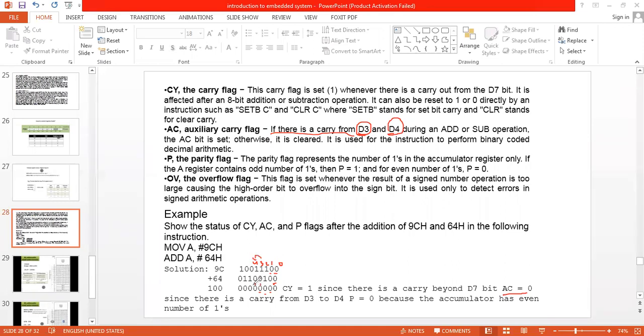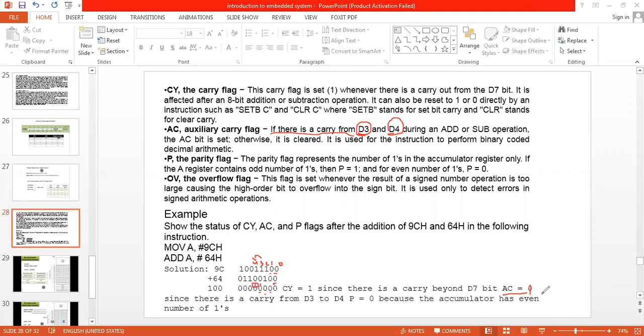Yes. There is a carry from the third bit to the fourth bit. So here it is 0, it is not written, but it should be written as 1. So here the auxiliary carry flag AC is equal to 1 automatically. We are not updating it; the instruction is updating these flags.